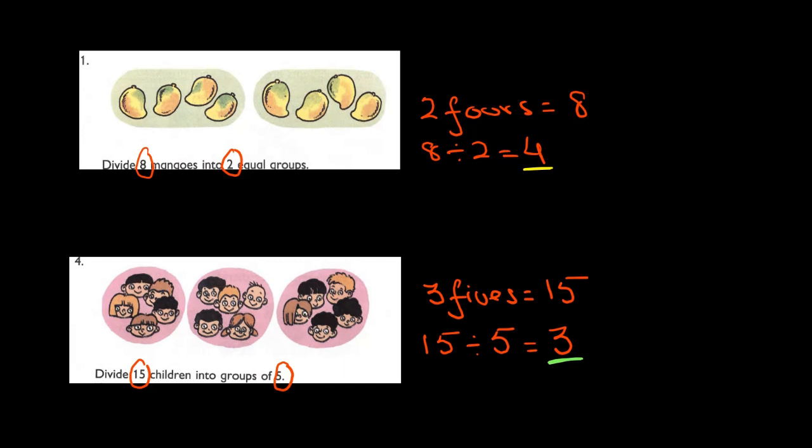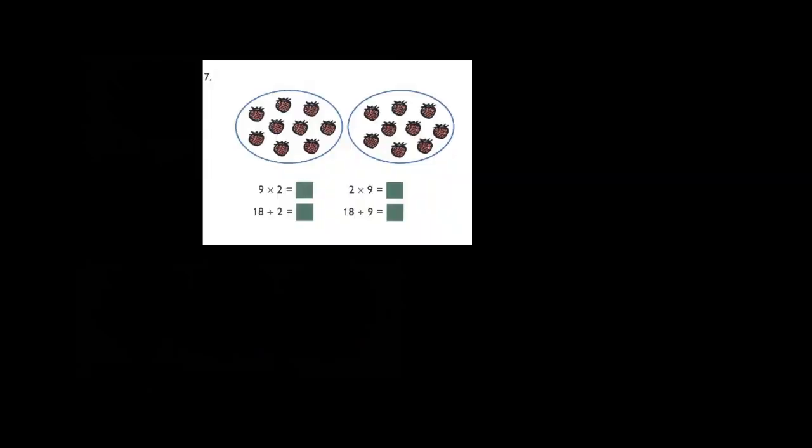Now please note, I want to relate division and multiplication, and this is how they're related. You can see that there are 4 parts to this question, and they actually mean the same thing. It's the same equation being written in different ways.